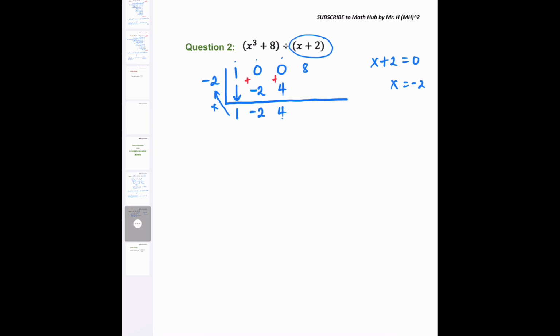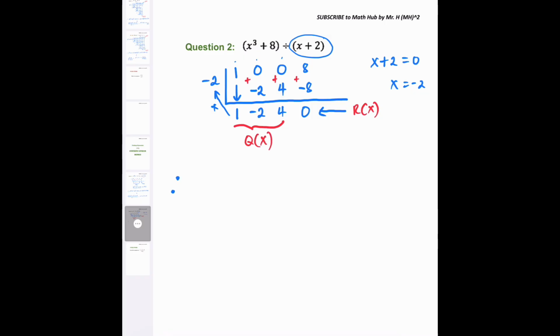Then we multiply 4 by negative 2, which is going to give us negative 8. And by adding 8 and negative 8, that is actually going to give us 0. That's our r of x. That's 0. And these are the coefficients that will make up our q of x.